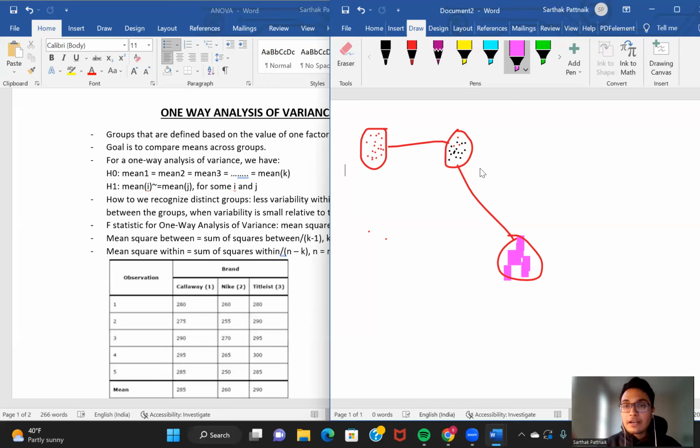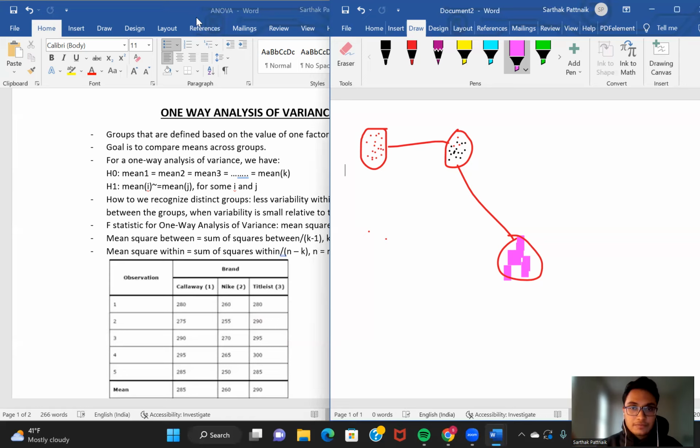If the variability between groups is much higher as compared to the variability within the groups, then we can clearly surmise and say that our groups in this situation are actually different from one another. If that is not the case, however, then we cannot say that the groups are different from one another. As we move forward and see more examples, this idea will become more and more clear to you.